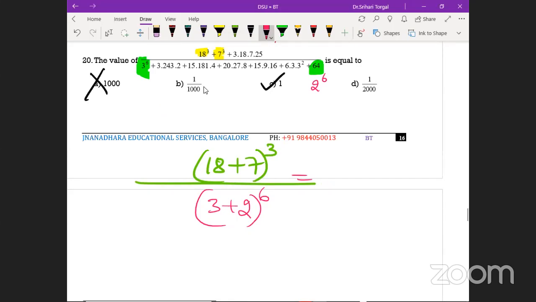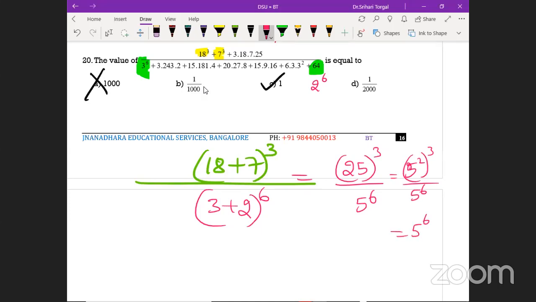Next, now I want 25^3, which is 5^6, that is (5^2)^3. Option C is the right answer. Got it? No need of calculator.